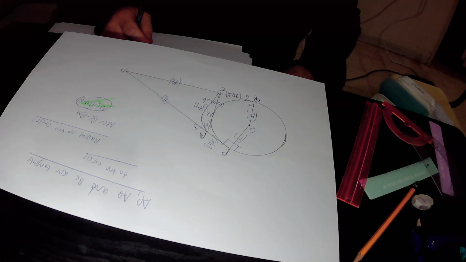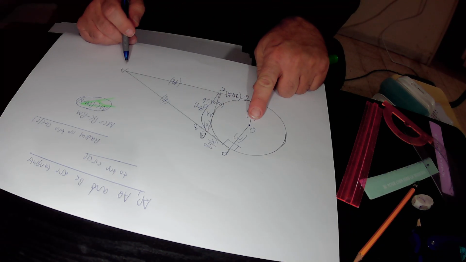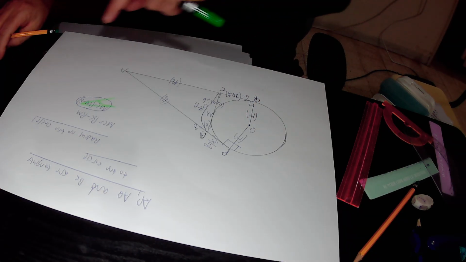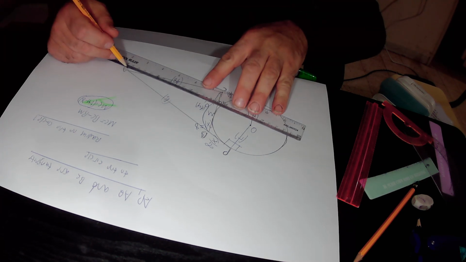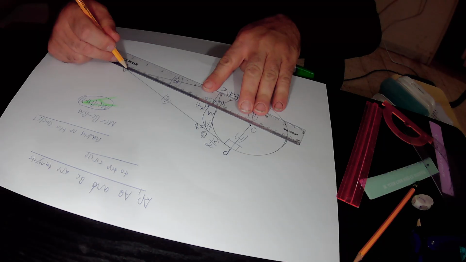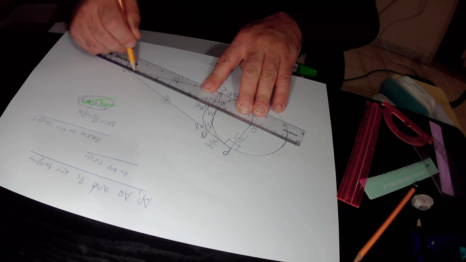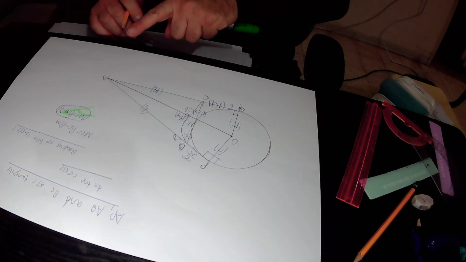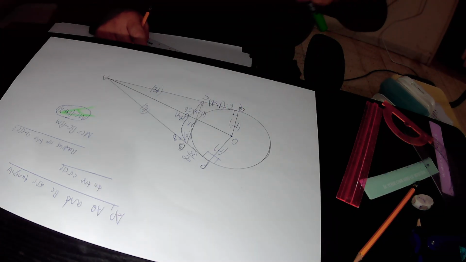In the next step, we will join points A and O together by a straight line. By joining points A and O together by a straight line, we can derive those two right triangles.